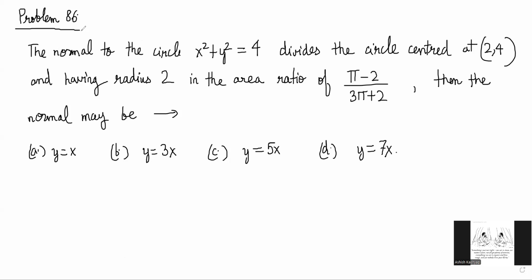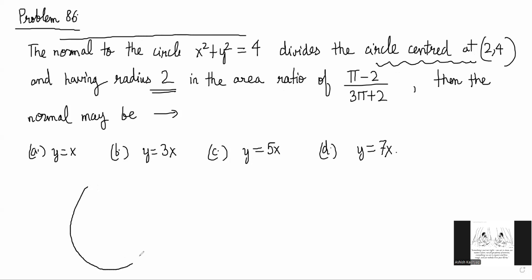We have a normal to the circle here, and that divides the circle centered at 2 comma 4 and radius 2 in the area ratio of this. So first we'll think about how can you divide a circle with a straight line in a particular area ratio. So let's say this is my straight line. This is my circle with center 2 comma 4, and this is my radius 2.